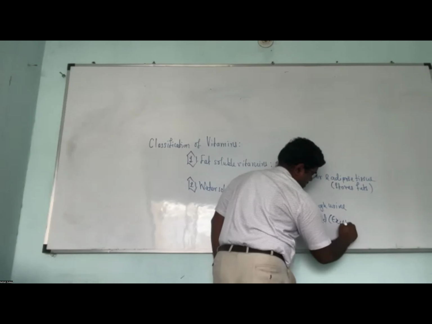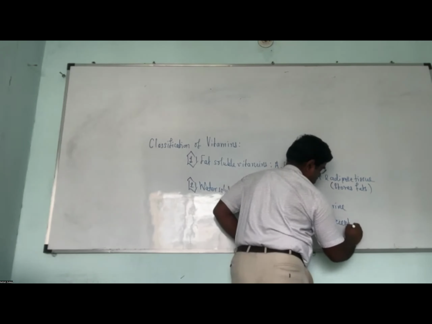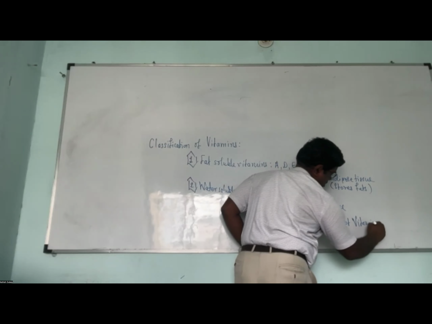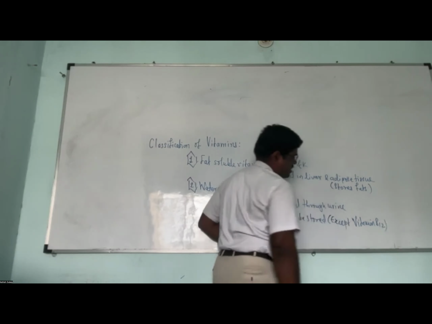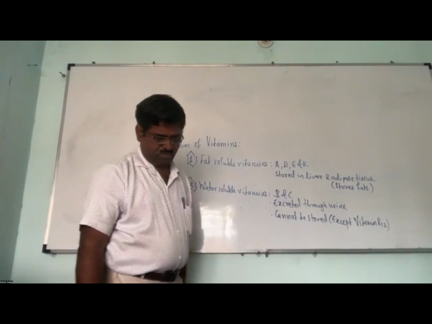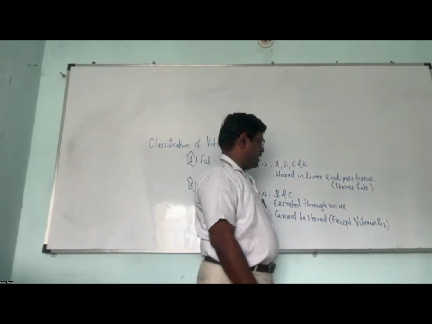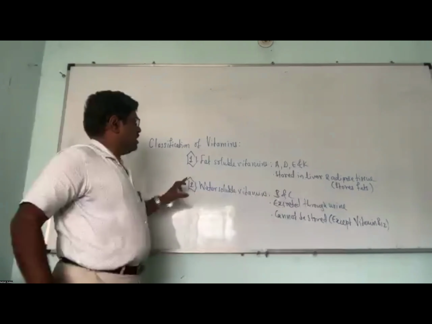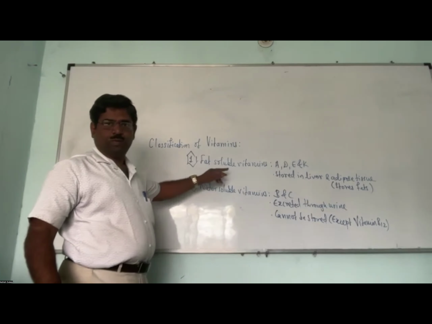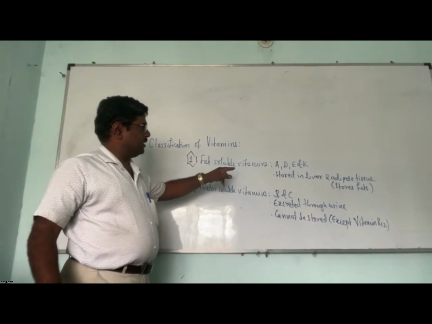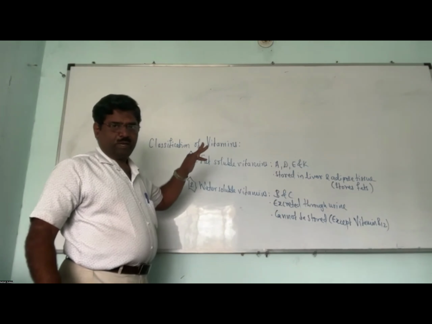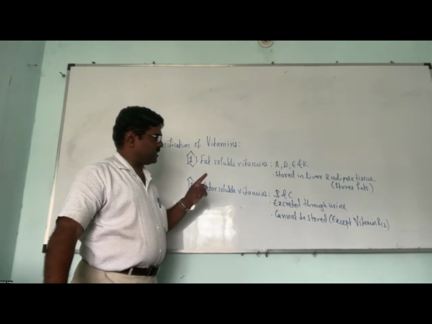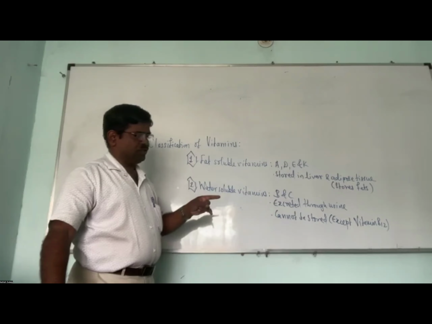Except vitamin B12, okay, in our body. Is there any doubt? So, vitamins are broadly classified into two types. One is fat soluble vitamins, which include vitamin A, D, E, and K. These are stored in the liver and adipose tissue.